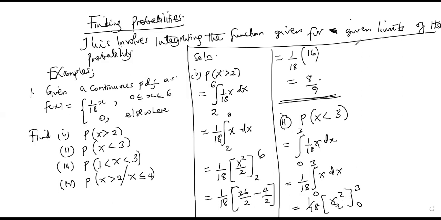So here you can substitute very well the limits. If you substitute the limits, it is going to be 1 over 18, you put 3, so it will be 3 squared, which is 9 out of 2. So you're going to get 9 over 36, which is a quarter.